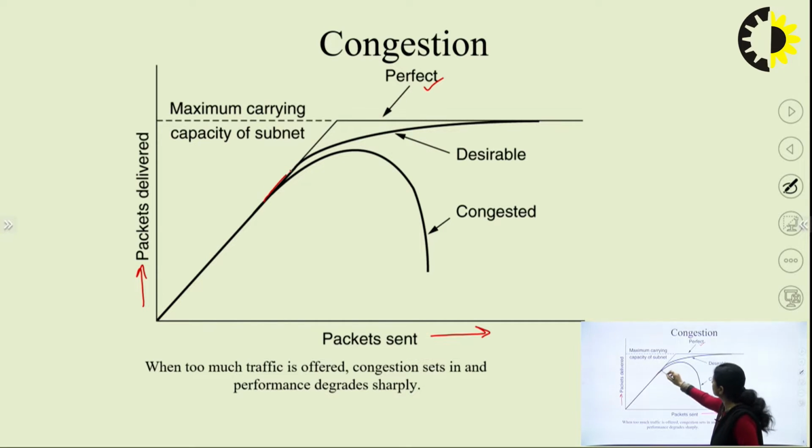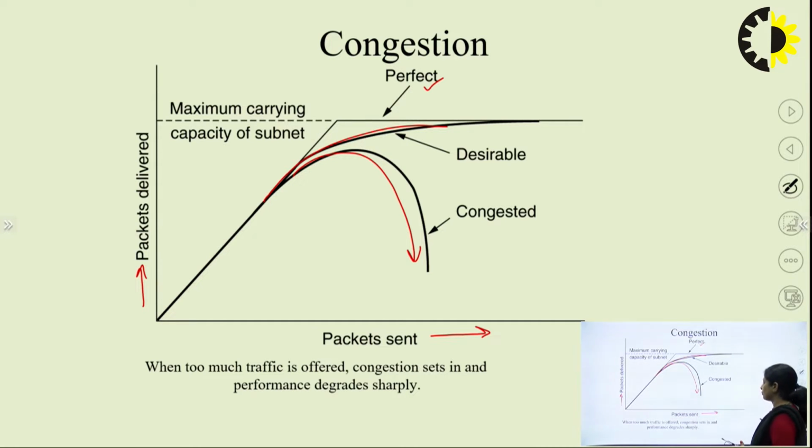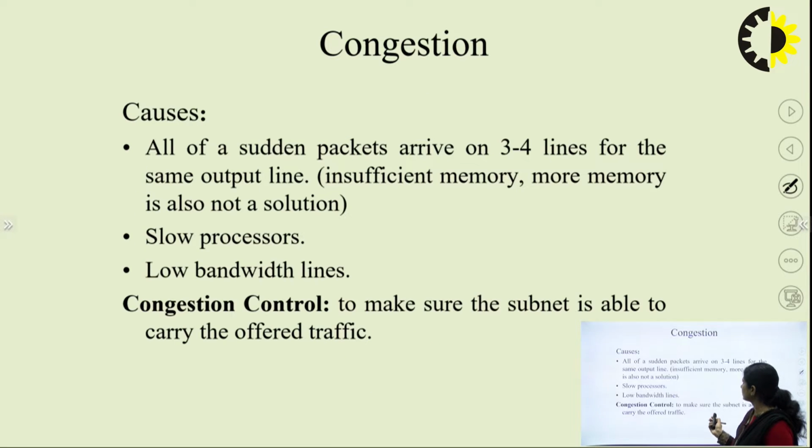This one is okay, desirable, but when it is too congested, there will be a decrease in performance. So, when too much traffic is offered, congestion sets in and performance degrades sharply. This is the situation of congestion in the network.